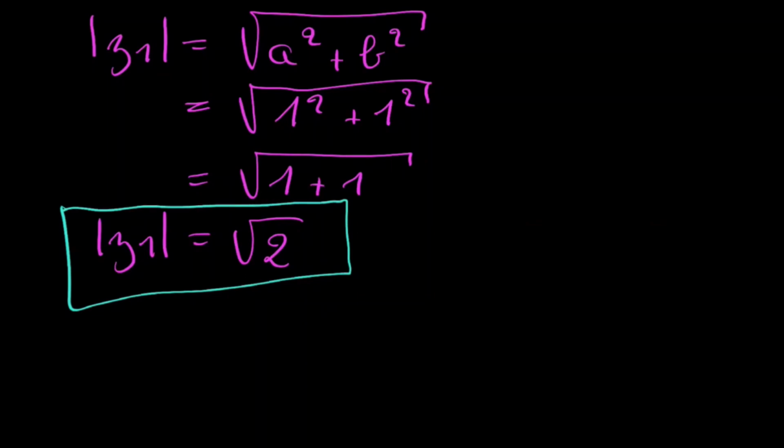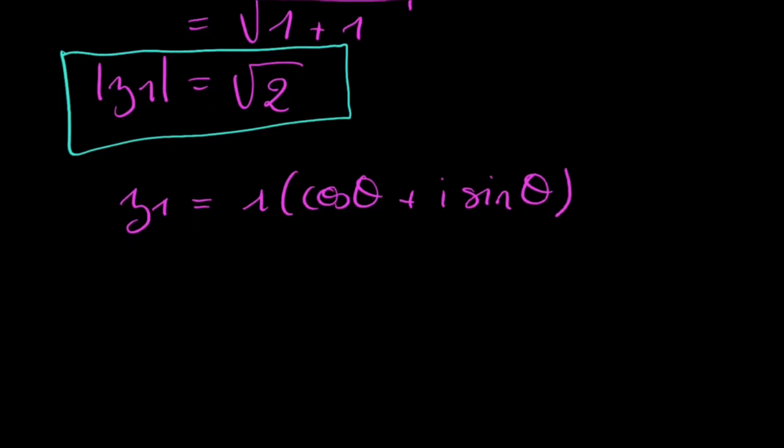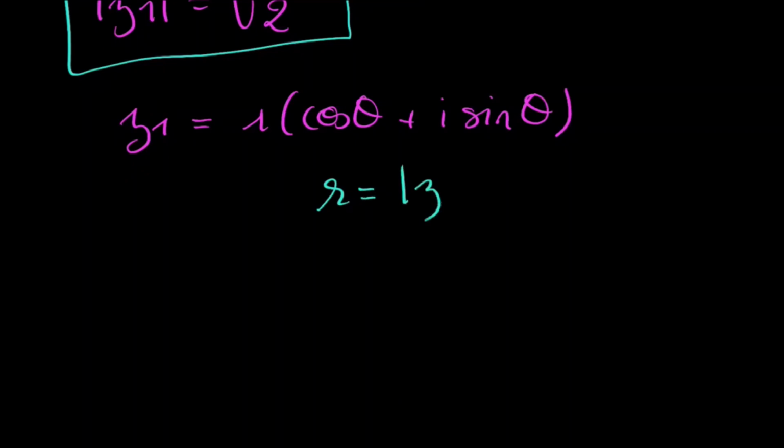Now that we have this result, we can calculate the argument of Z1. We know that Z1 equals R cos theta plus i sin theta. But remember that R is the modulus of Z1.